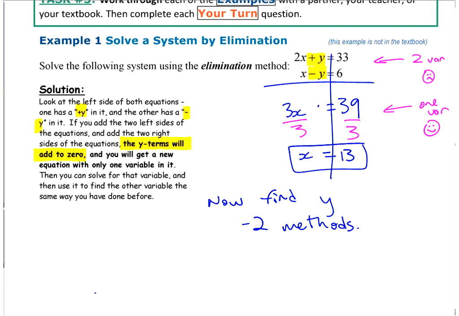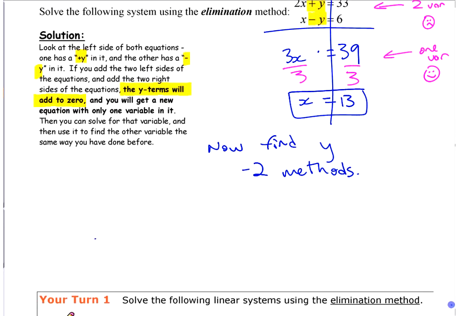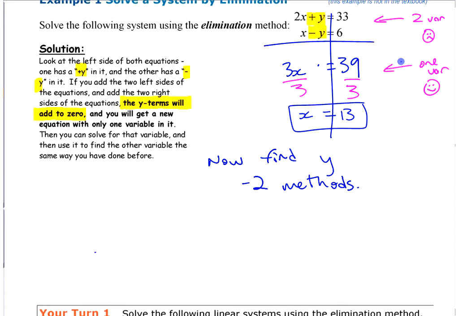You could do what you've always done. Once you know that x is 13, how could you find the other variable? What's one way you could do it? Starts with S. Substitute, right?